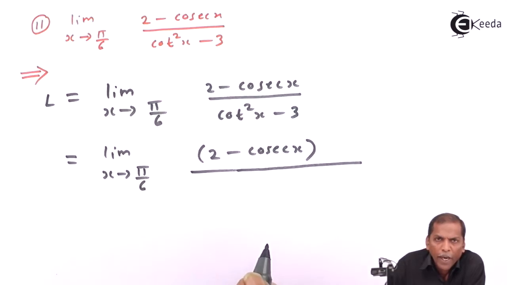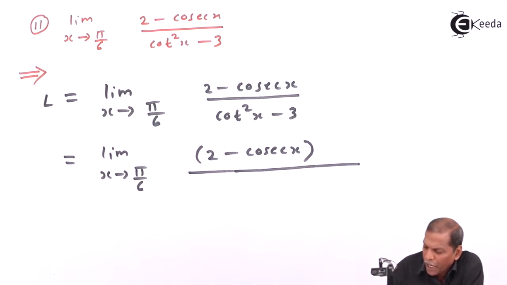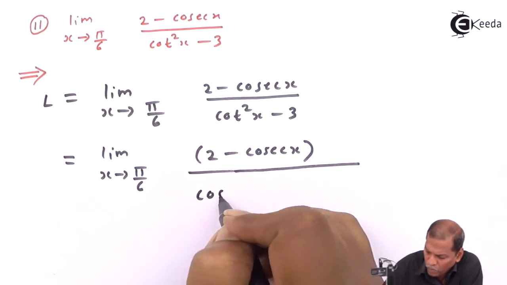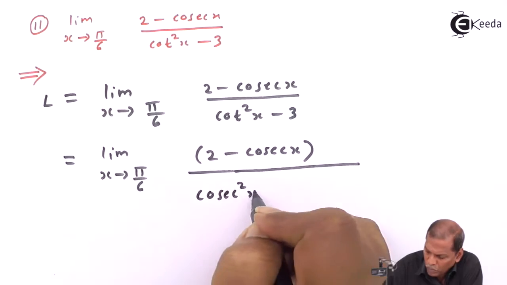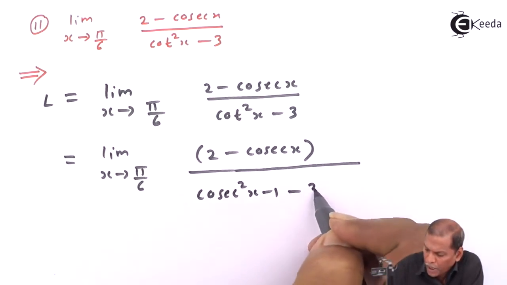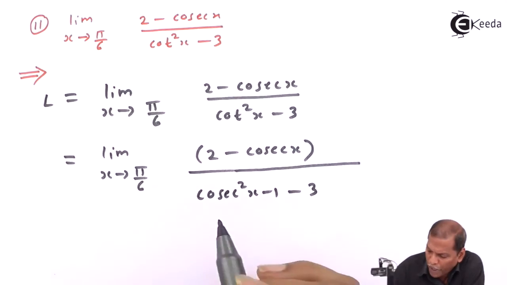Then in the denominator, for cot square x we use the identity that 1 plus cot square x is equal to cosec square x, and therefore cot square x is equal to cosec square x minus 1. And then we write minus 3 as it is in the denominator.